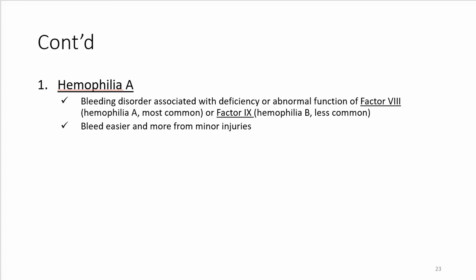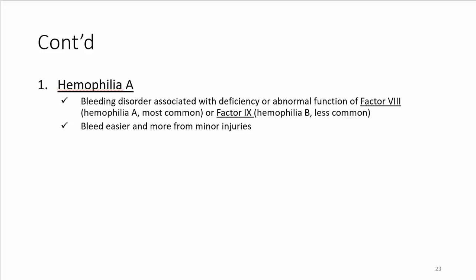Hemophilia, hemophilia type A, falls into this. It's a bleeding disorder. There are problems with different clotting factors, and they bleed easily from minor injuries. This is a sex-linked X chromosomal disorder, and it happens in male descendants of Queen Victoria.